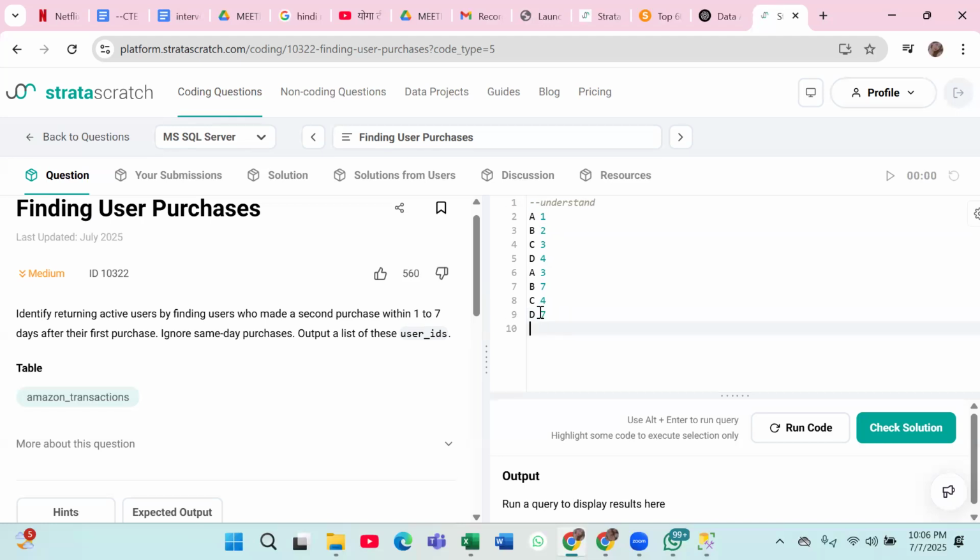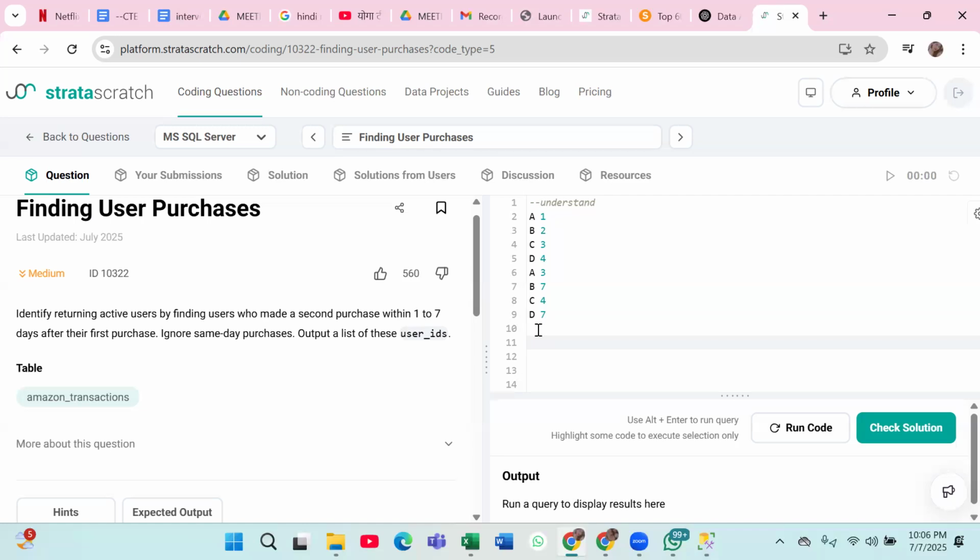How do you know which of these users have done their purchase within 7 days? Which users have made their second purchase within 7 days in this example? Who did it in 7 days?